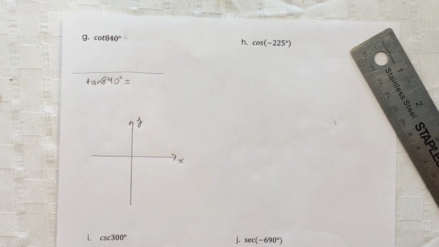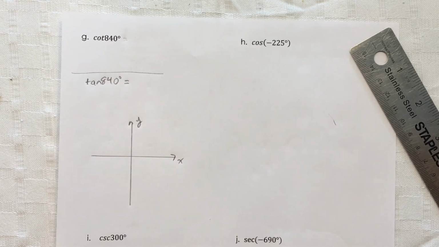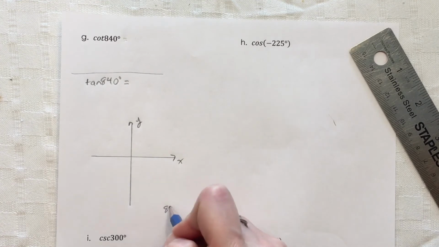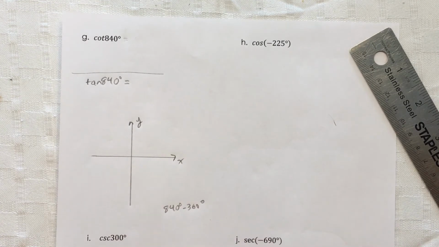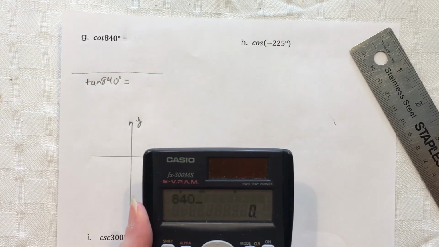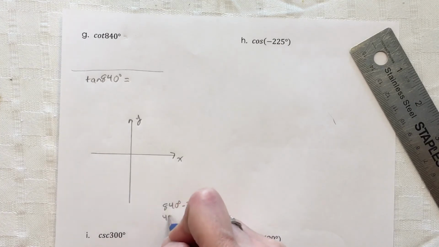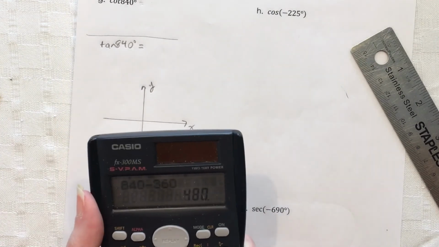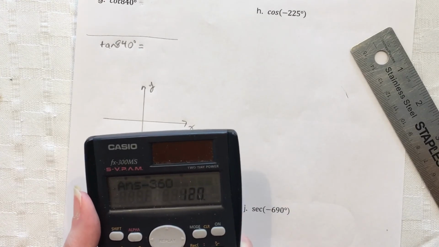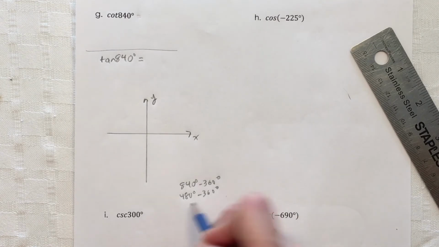So where is 840 going to be? We could keep going by 90s, but I'm going to start off by doing 840 minus 360. 840 minus 360 is 480. Subtract 360 again. So it's going to be at the same location as 120 is going to be.